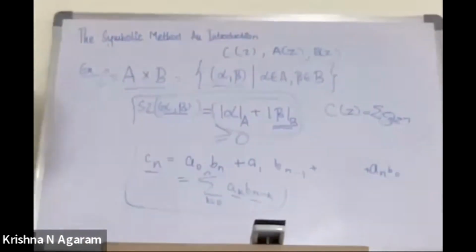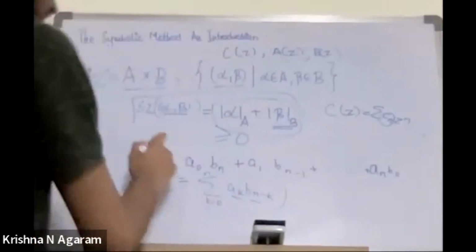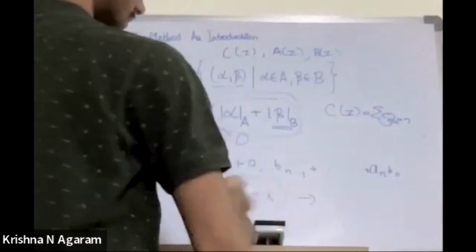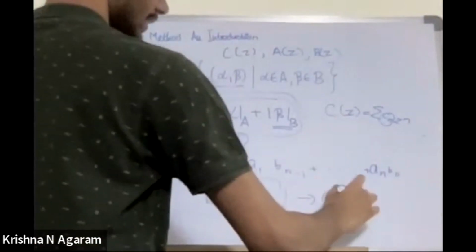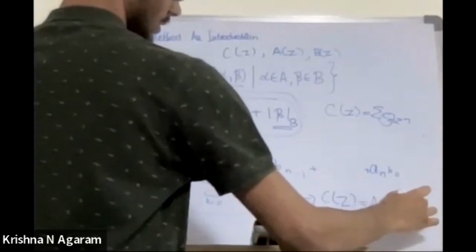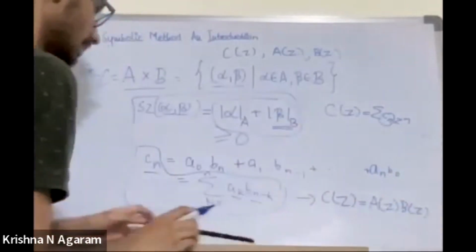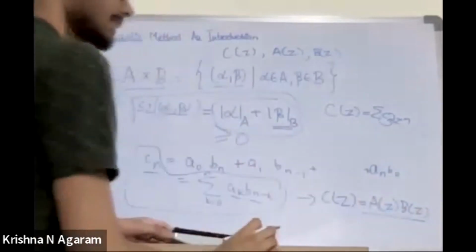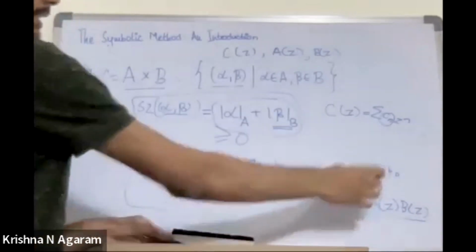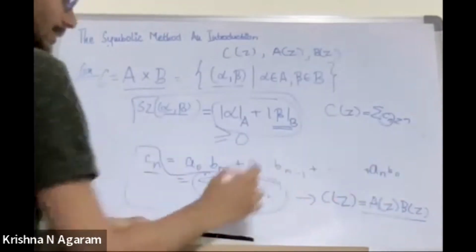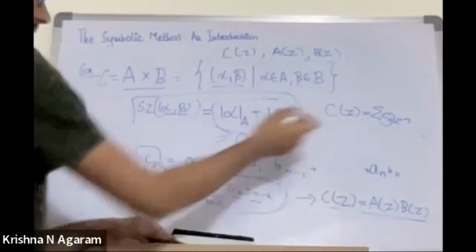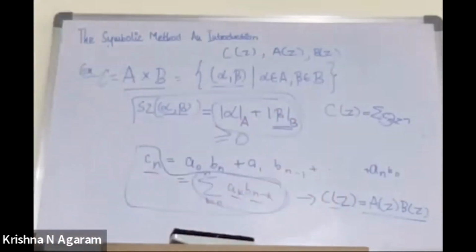Yes, that is right. CZ equals AZ BZ exactly, because you have Cn is exactly this, right? So this is exactly the definition of a product, right? Or I mean, if you want to be very formal about it, you look at this AZ BZ. Every coefficient, like the z^n coefficient in AZ BZ is this, which is the same as the z^n coefficient in CZ, which by definition is Cn.